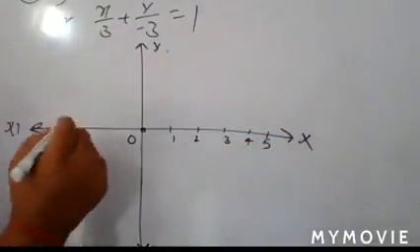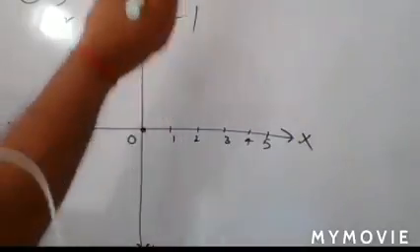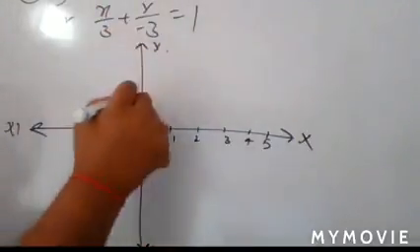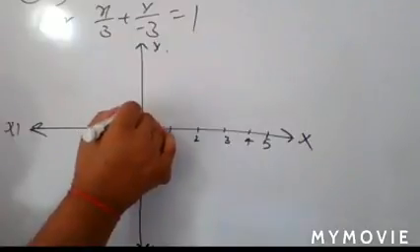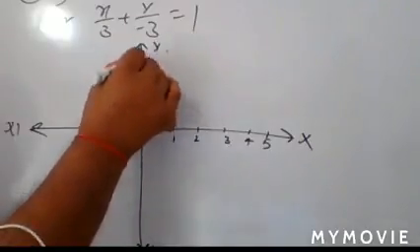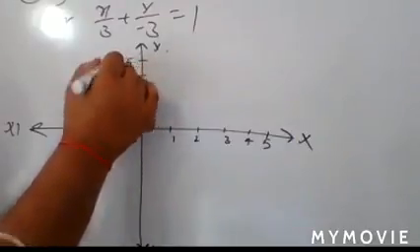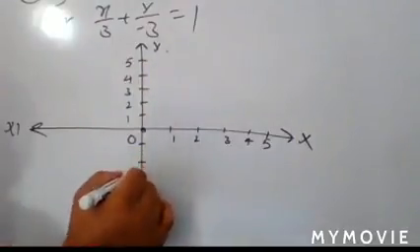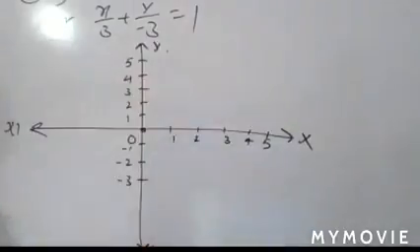In the negative direction there is no point on the x-axis. On the y-axis, positive direction, 1 2 3 4 5, and negative direction -1 -2 -3. In this way you plot all the points on the axes.